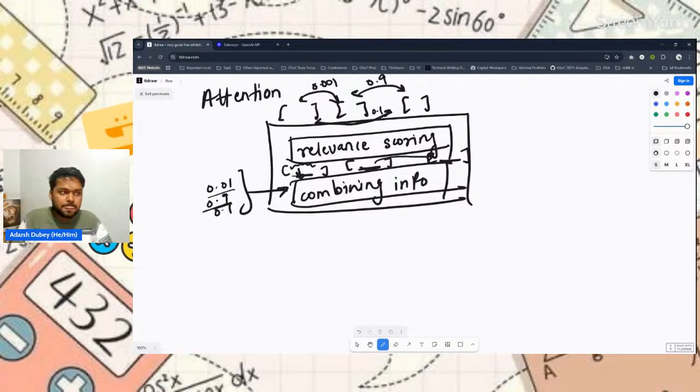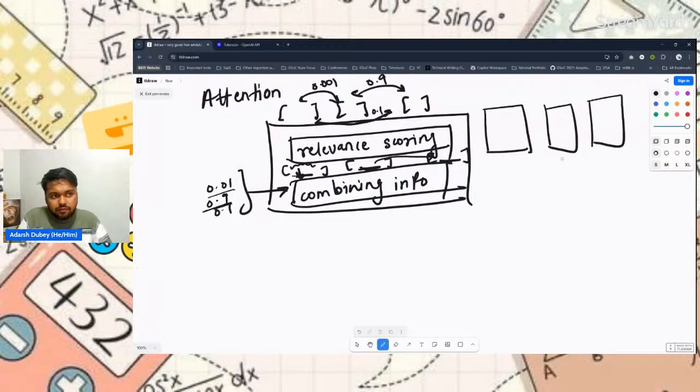How does it infuse? We have three particular matrices here: Q, K, V. Always remember this: query, key and value. Query is used in relevance scoring and key is used in relevance scoring.